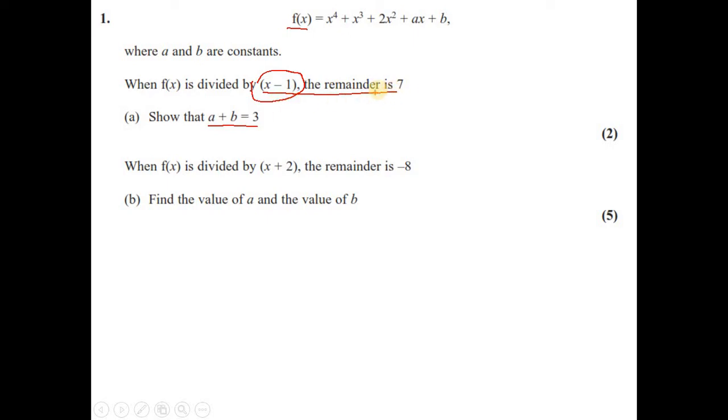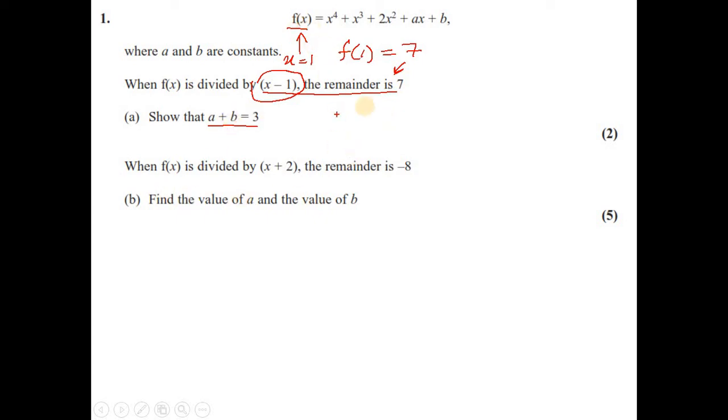The concept behind this given condition is, look at this expression, x minus 1. That means if you put x equal to 1 in the given function, that means if you try to find f(1), it should be equal to 7, which is the remainder. That's the concept we are going to use to derive our equation.